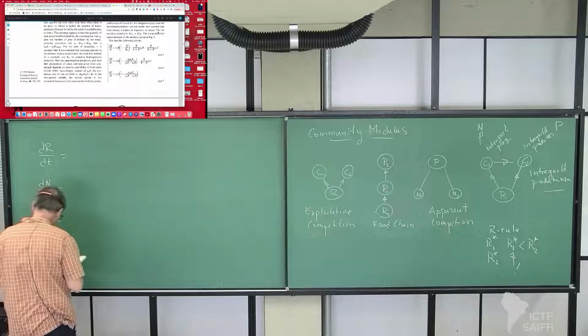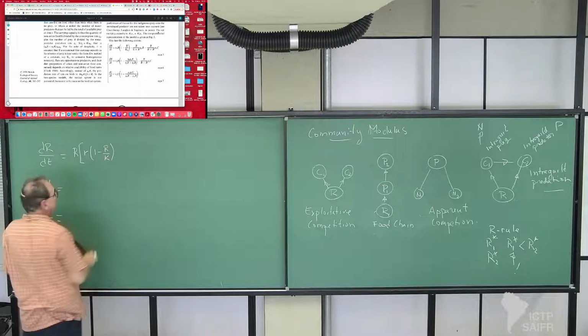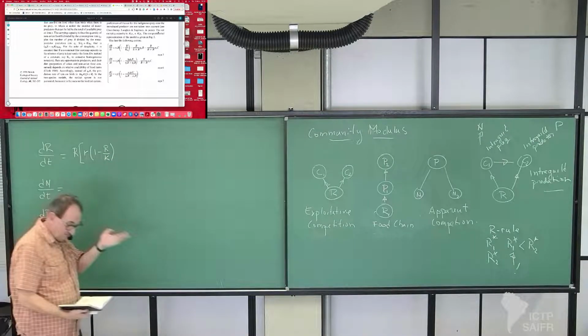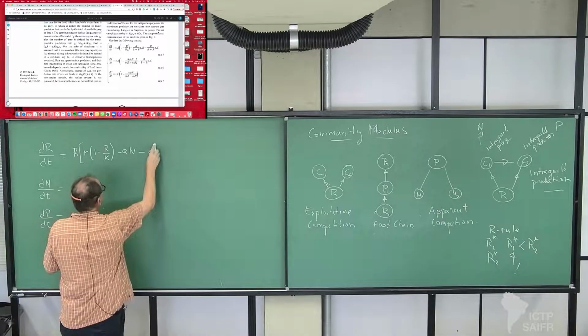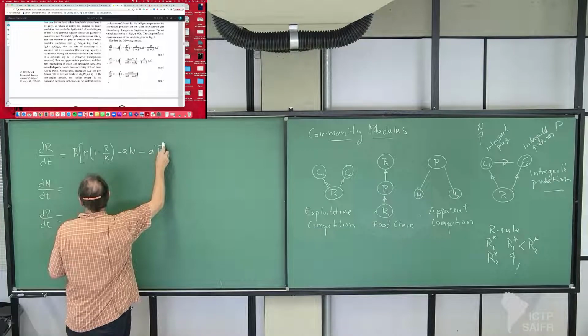Well, we expect it to be something like R times (1 minus R over K). That's logistic. And then I will suppose simply that minus N bar, minus P bar.